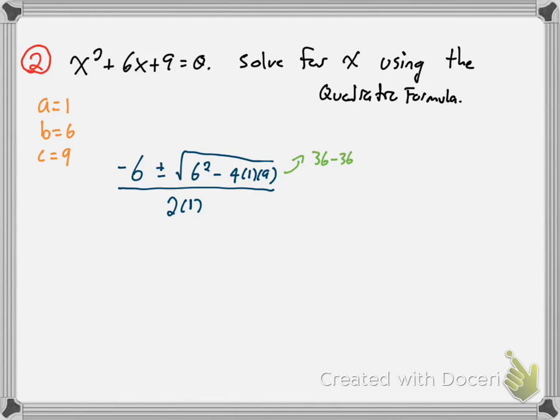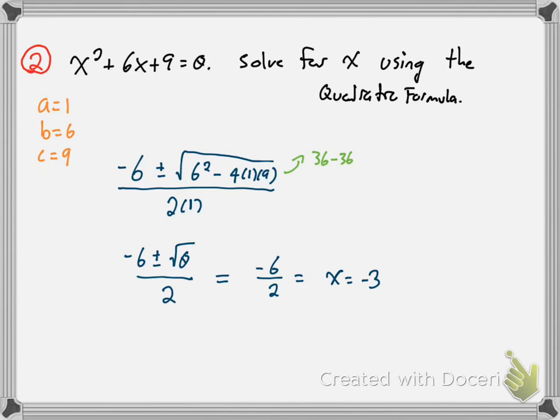So what's left in the square root is 0. So I'm going to have negative 6 plus or minus the square root of 0 over 2, which is just 0. Negative 6 plus or minus 0 is the same thing. So I just have negative 6 over 2, and x equals negative 3.